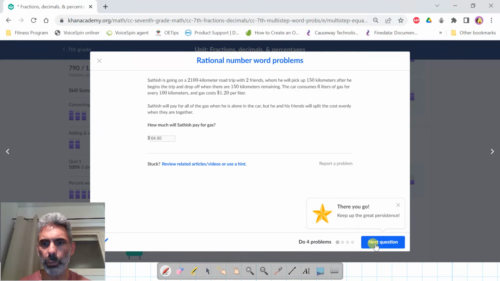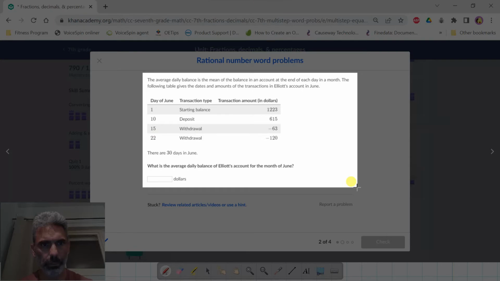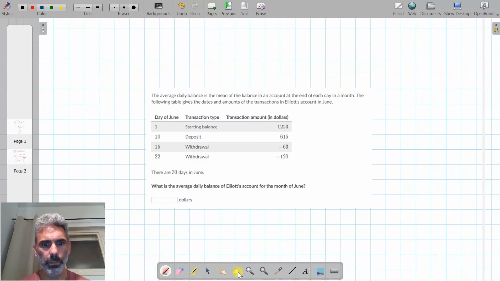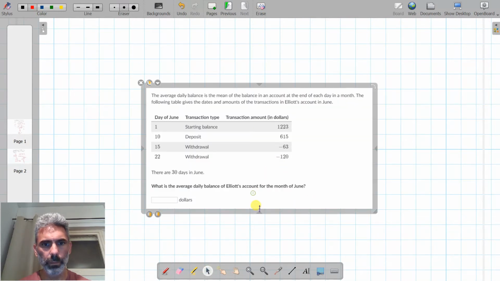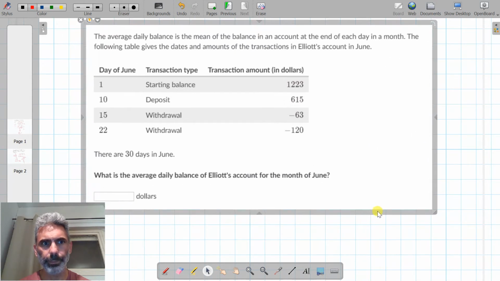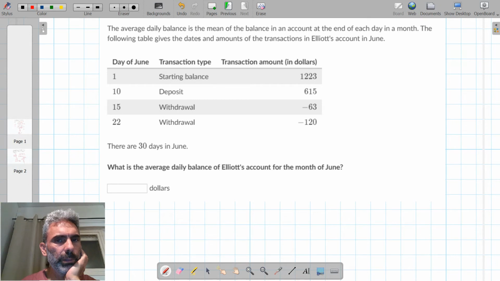Okay, next question. The average daily balance is the mean of the balance in an account at the end of each day in a month.